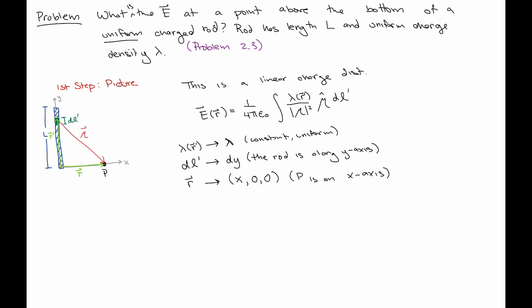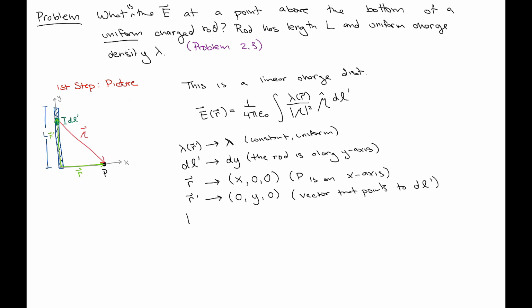Okay, let's keep going. This R prime is the position of that little chunk of the rod that I am calculating the electric field of. Because the rod is along the y-axis, the position vector for that little chunk is going to just be y, wherever it is along the y-axis. So this gives me a vector that points to dl.